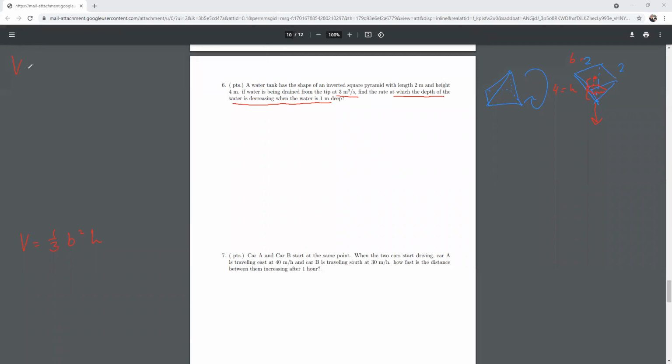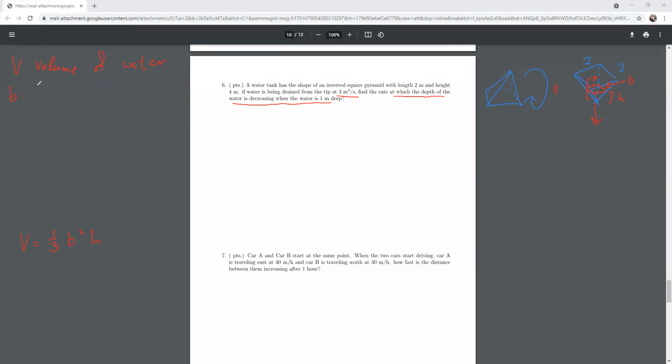So I'm going to define V, volume of water in the pyramid. I'm going to let B be the base of the water. So perhaps I'll scratch that out. It's technically going to be that length right there of that red line. That's going to be B, and the height of it, that's technically going to be H. So perhaps that's a better depiction of what's going on.